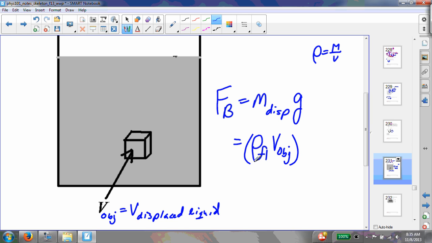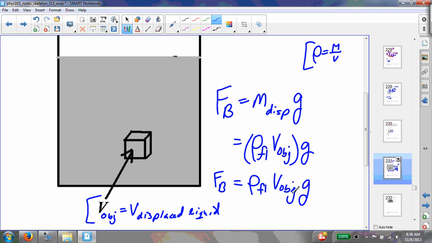That's just another expression for the mass that takes into account the definition of density and also the idea that the volume of the object is equal to the volume of the displaced fluid. So the buoyant force is equal to the density of the fluid times the volume of the object times the acceleration due to gravity. And that buoyant force is upwards.